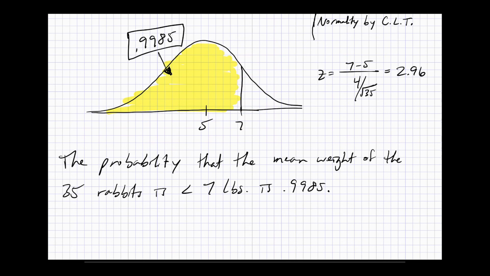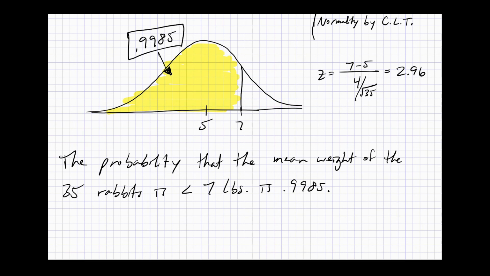Will there be heavy rabbits in my sample of 35? Yeah. But for every one or two or three or four heavier rabbits, there'll also be some light ones, maybe some younger ones. Besides that, they're all going to be closer to 5. Variability goes down as sample size goes up.